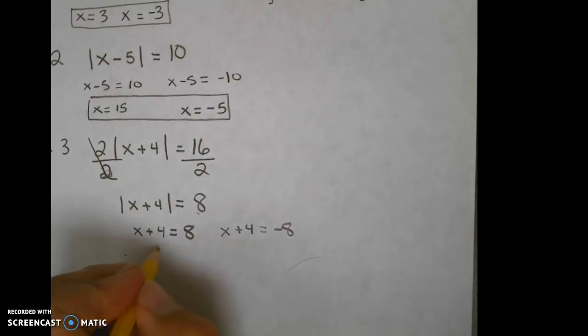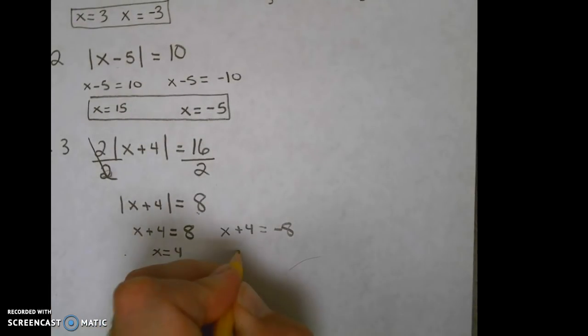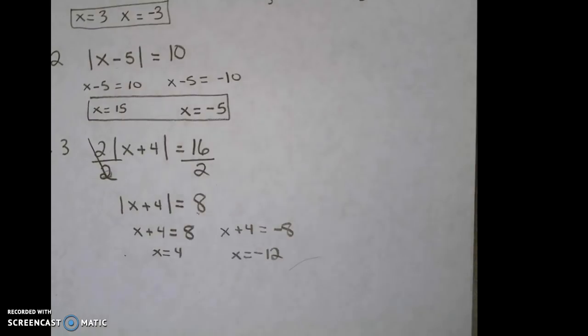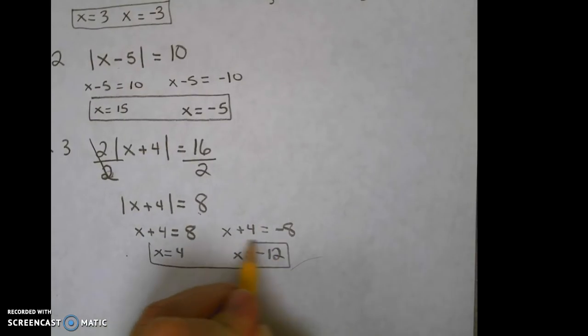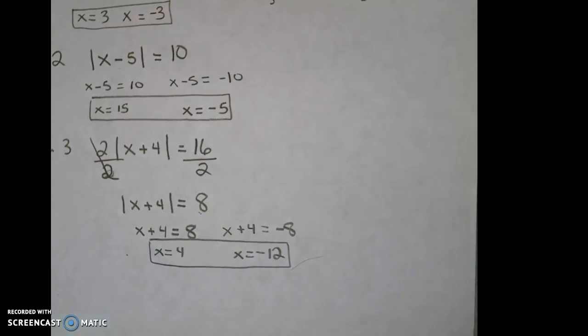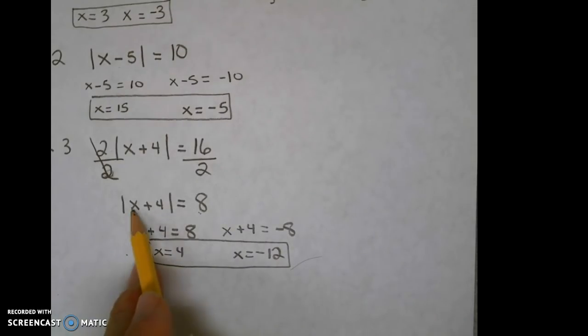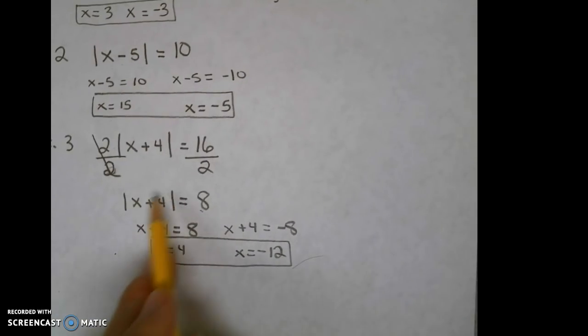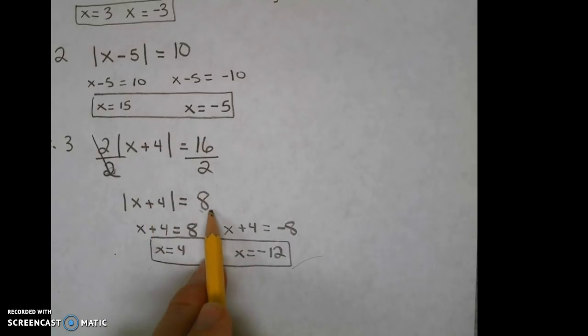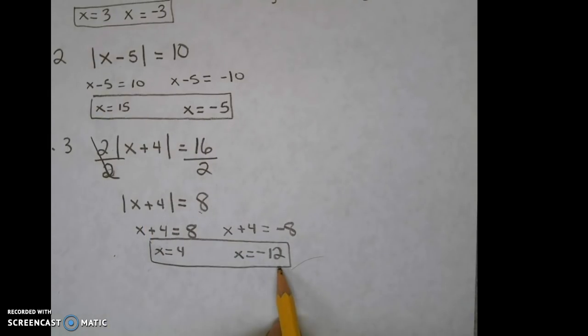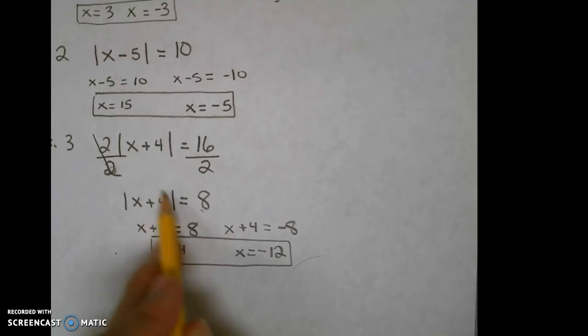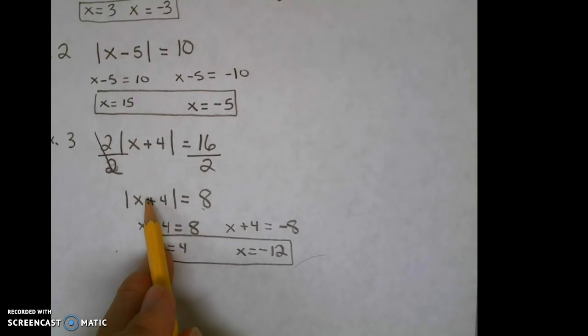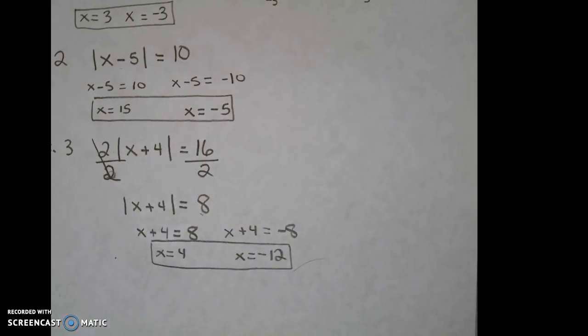And so now we solve and get our answers. So if I plug 4 in here, 4 plus 4 is 8. Yes, 8 is 8 units from 0. Plug negative 12 in. Negative 12 plus 4 is negative 8. Yes, negative 8 is 8 units from 0.